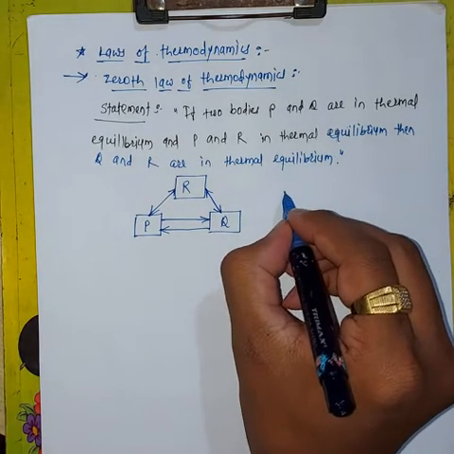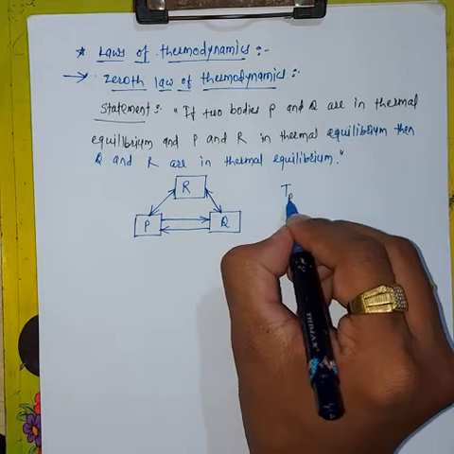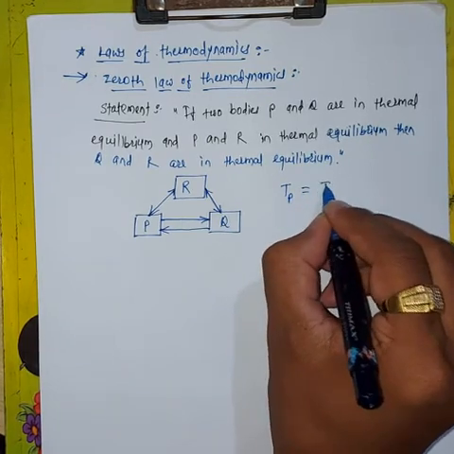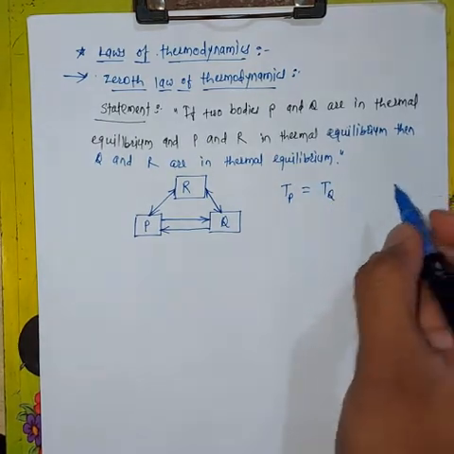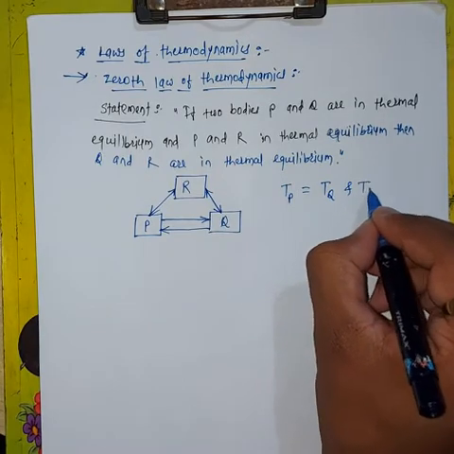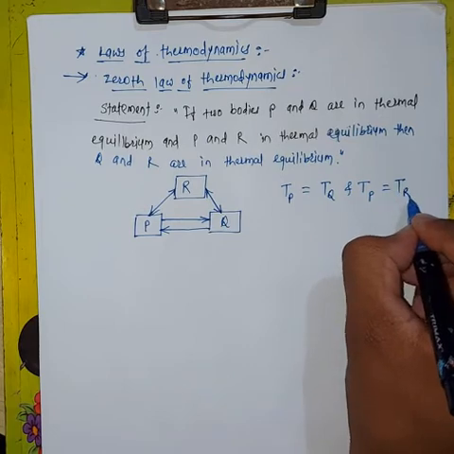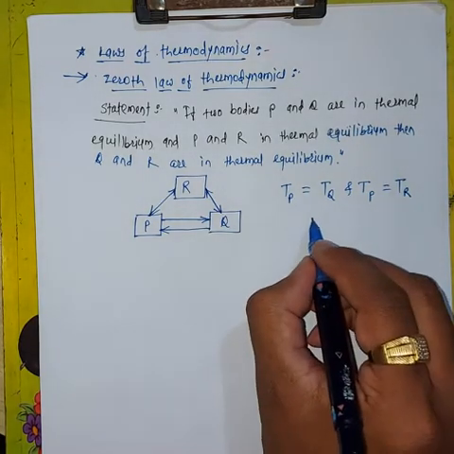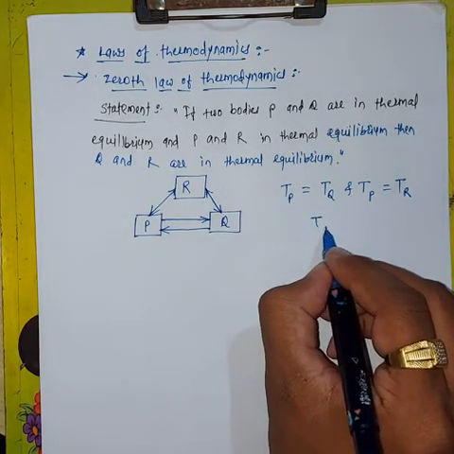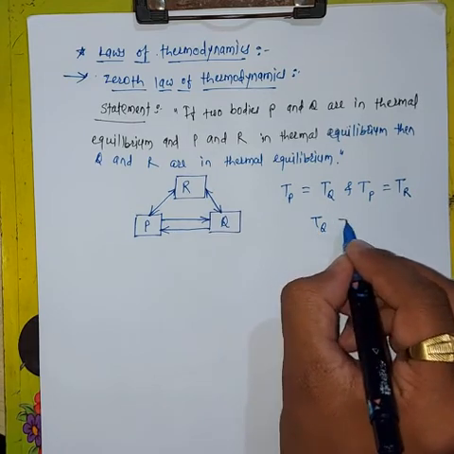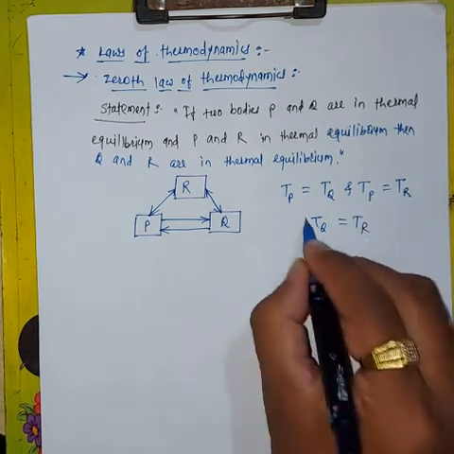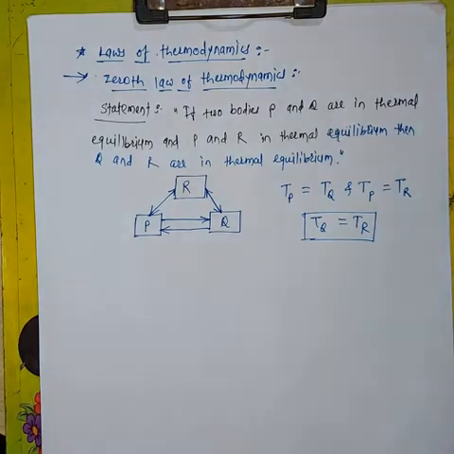That means the temperature of P must equal the temperature of Q, and the temperature of P equals the temperature of R. Then we can say that the temperature of Q should equal the temperature of R. Okay, so this is nothing but the zeroth law of thermodynamics.